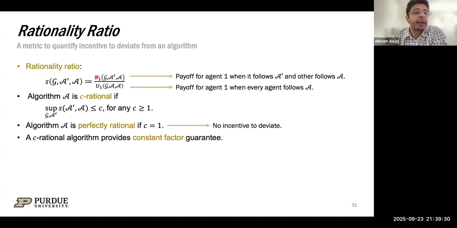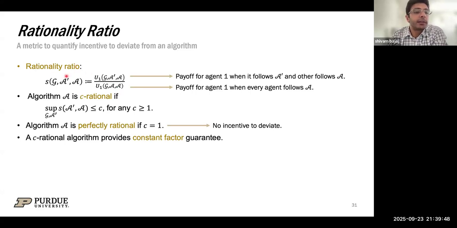Now you can imagine if this fraction is greater than 1, then that means that agent 1 has a certain incentive to deviate to algorithm A prime. Whereas on the other hand, if this fraction is less than 1, then that means that this agent does not have an incentive to deviate to algorithm A prime as compared to algorithm A.